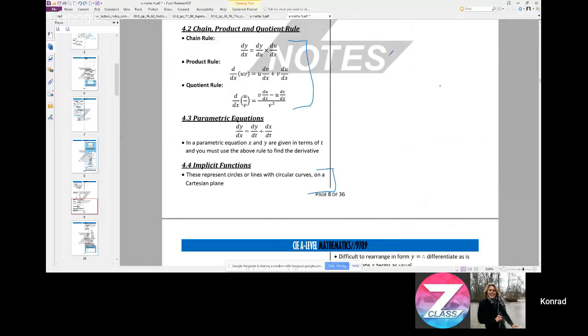A simple, nice one to look at is something like y squared plus x squared equals 1. What is this the equation of? What graph is that the equation of?